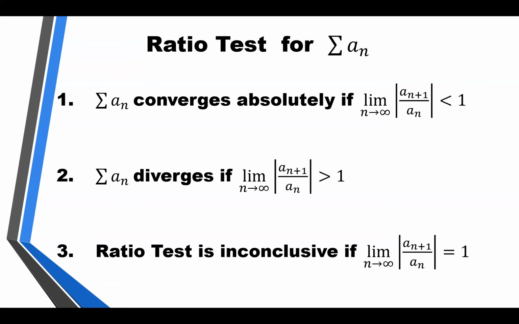If it's greater than 1, then the series diverges. And if that is equal to 1, then we're in the inconclusive scenario. So if we can calculate this limit, then we can use the ratio test.